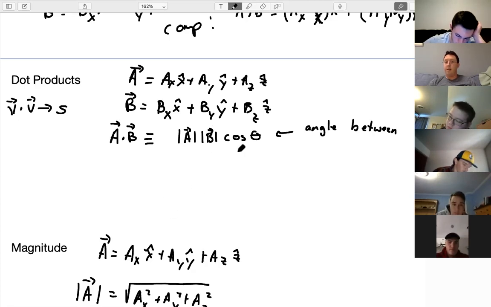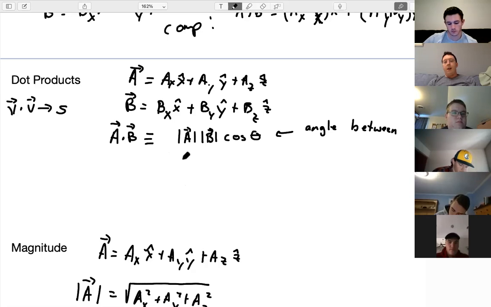All right. So that's one way to define the dot product. I guess actually you can take this as the definition of the dot product.